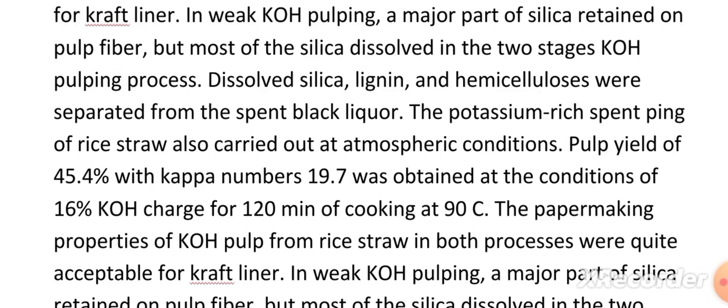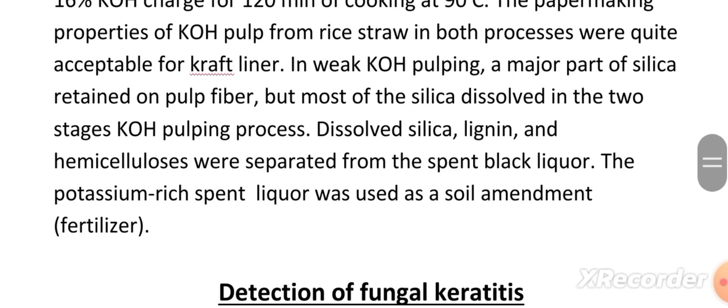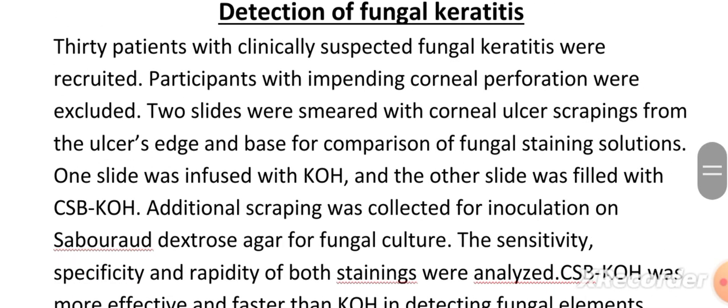The paper-making properties of potassium hydroxide pulp from rice straw in both processes were quite acceptable for kraft liner. In weak potassium hydroxide pulping, a major part of the silica was retained on the paper pulp fiber. Dissolved silica, lignin, and hemicellulose were separated from the spent black liquor. The potassium-rich spent liquor was used as a soil amendment, that is, as fertilizer.